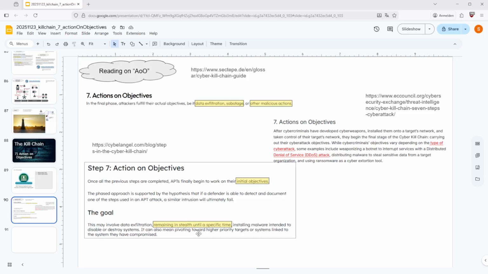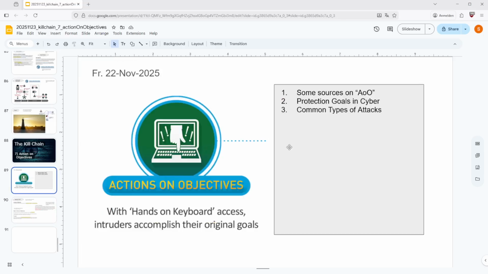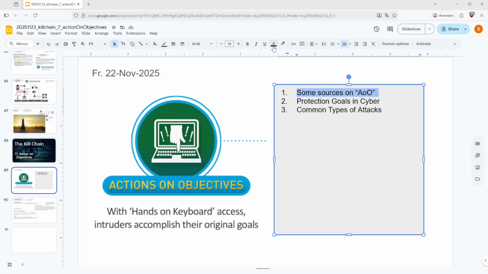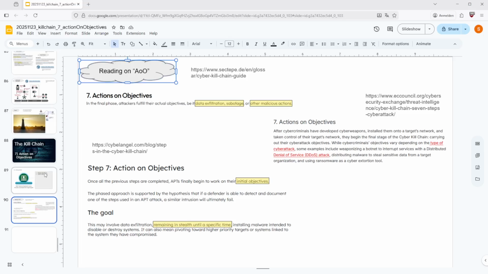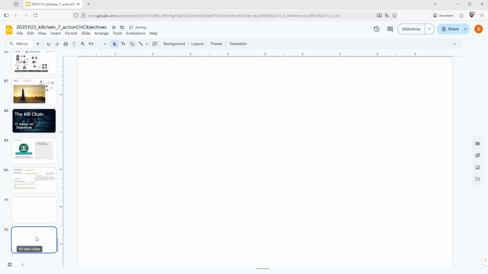So I think we have a good idea now about what this action objective is. We don't need to go too deep into this, but now we look at common types of attacks. I think this is also something that we might want to do. First of all, let's copy this.